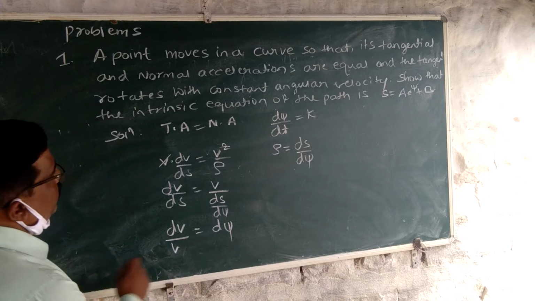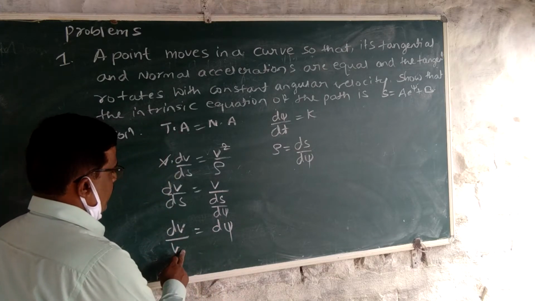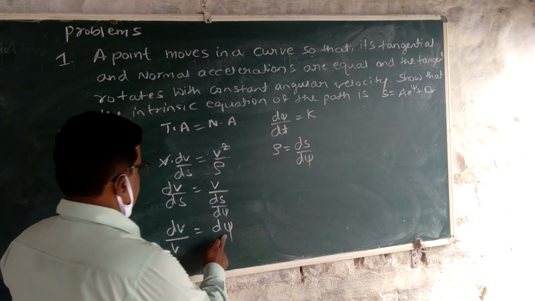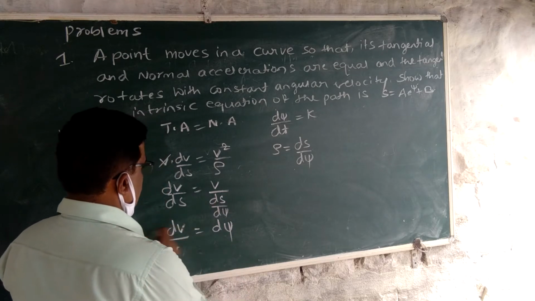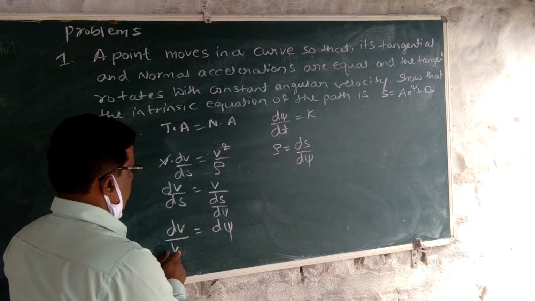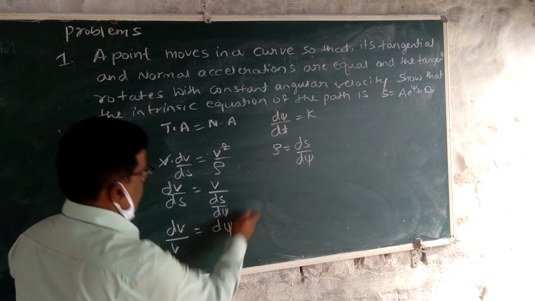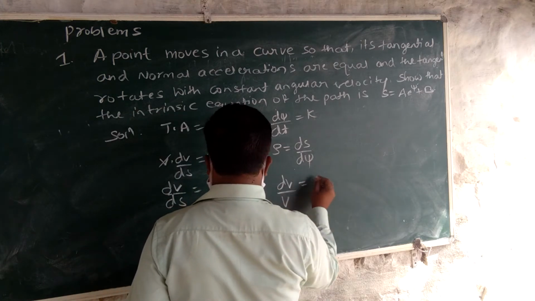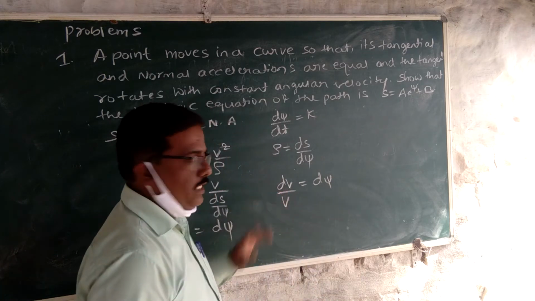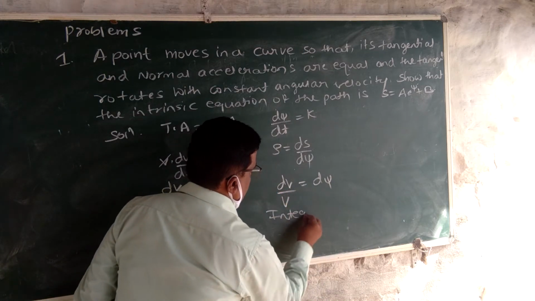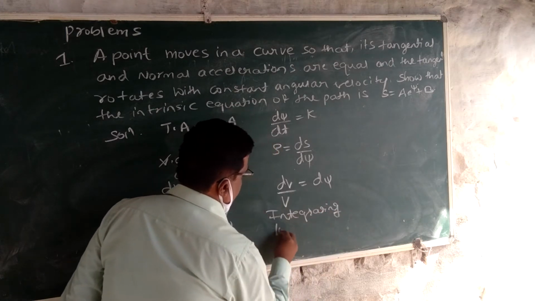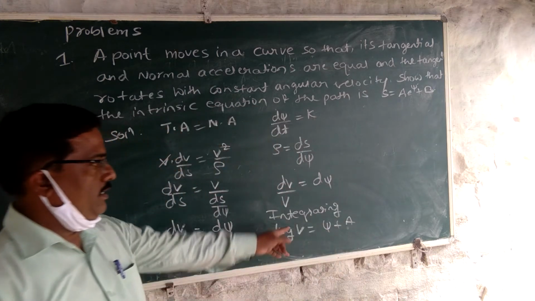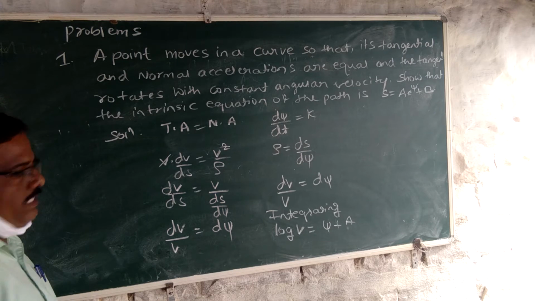The ds gets cancelled and v we can divide, so dv by v is equal to d psi. Next is integrating, which gives log v is equal to psi plus an integration constant, that is a.